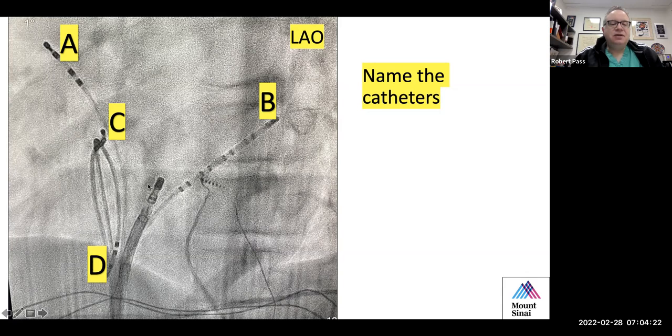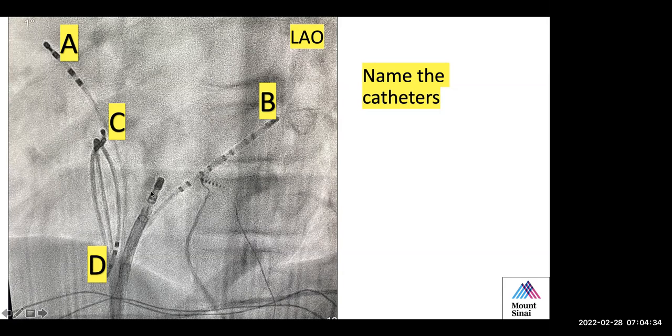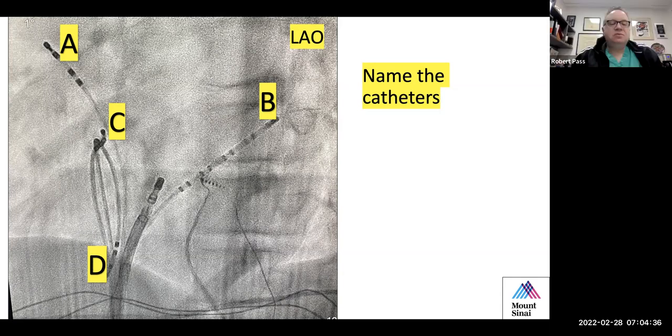So if you saw that the catheter was in this location, what would you say this location is actually? Where is the tip of this catheter? The AV node. Well, or in between. Yeah. Well, where is the AV node normally located closer to?